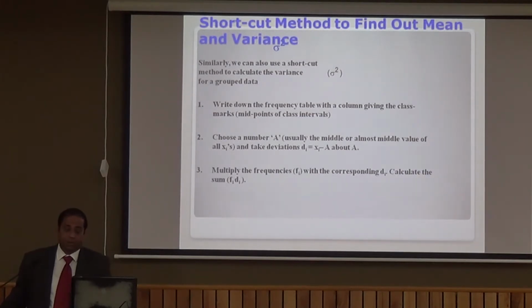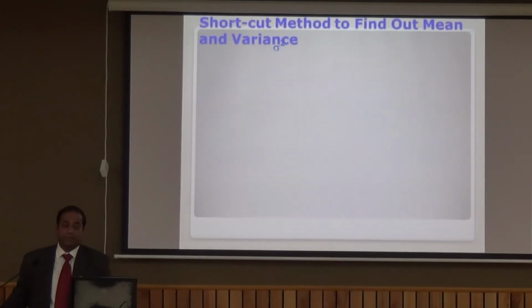Then multiply the frequencies with the corresponding di to calculate fi into di. Then obtain the squares of the deviations, di square. After that, multiply the frequencies with this di square and calculate the sum, that is summation of fi into di square.